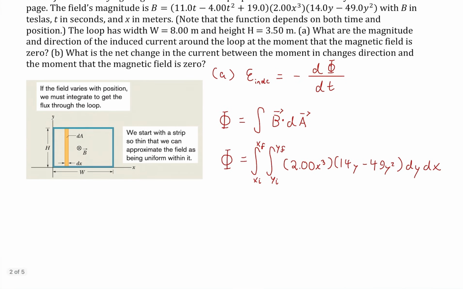Okay, so when we look at this integral, since x and y are all separable in a sense, we can think of the double integral as, as I said, two side-by-side single integrals.